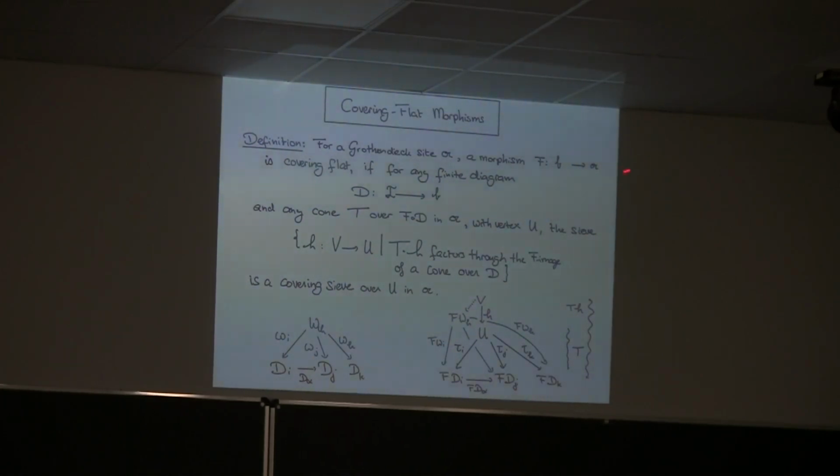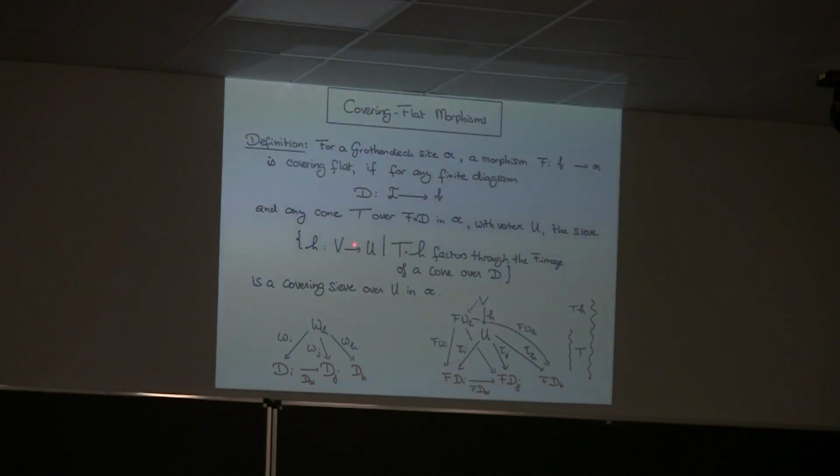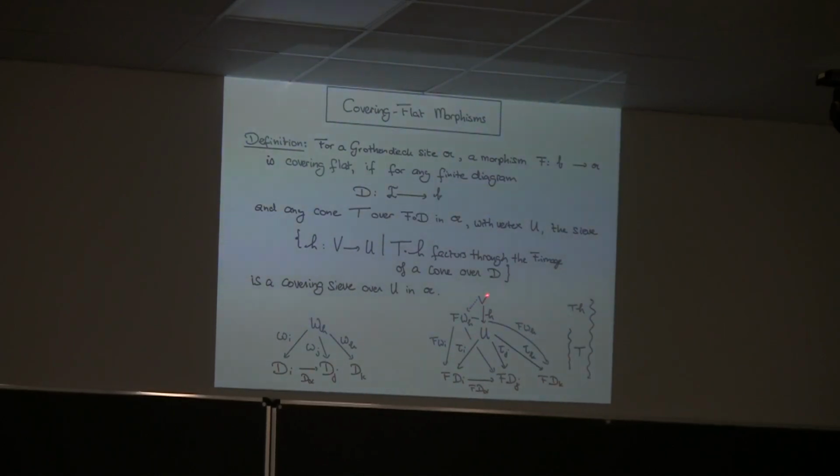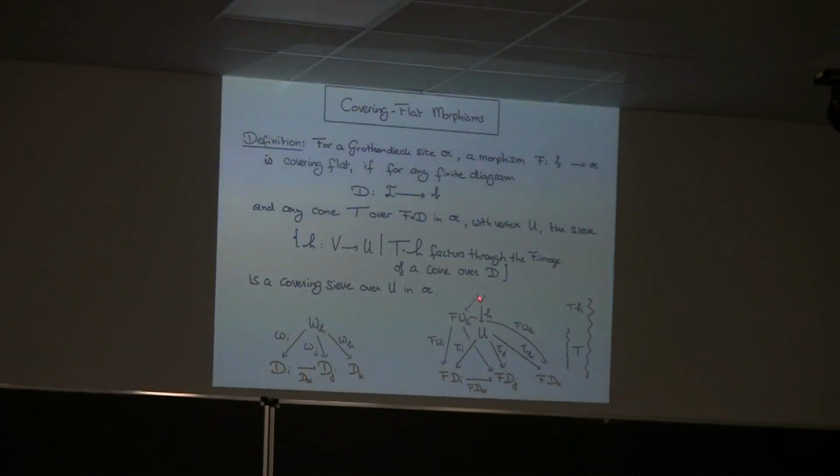That covering might not factor through any images of cones in the domain, but what I'm asking for is that for that cone I have here, I can find a covering of arrows into the vertex so that each one of the composites does factor through a cone from the domain.